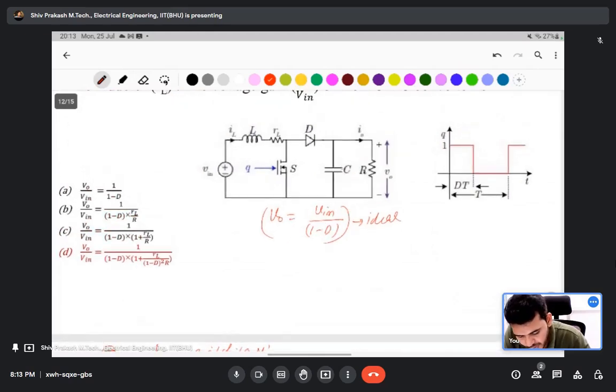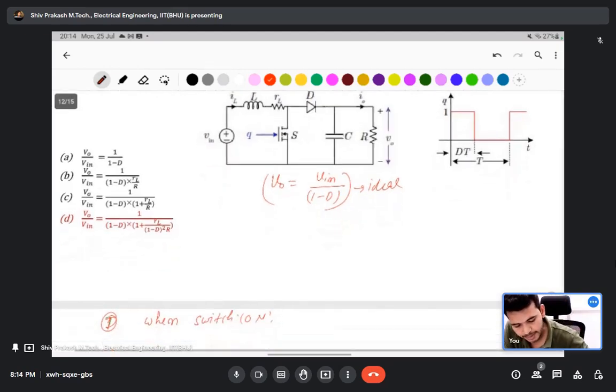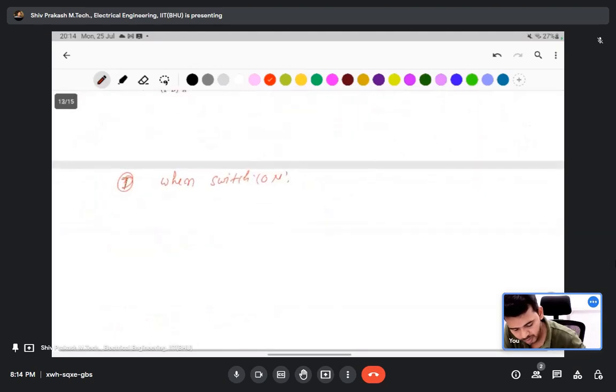Look here: when the switch is on, this circuit is completed and this voltage appears across here. The ground is on, the diode is connected to the ground, which means it is off. The supply here is considered as supplying the voltage to the load. The diode is in reverse bias.